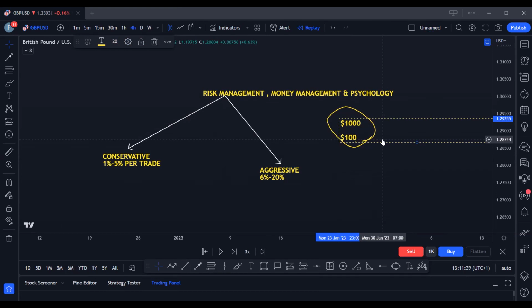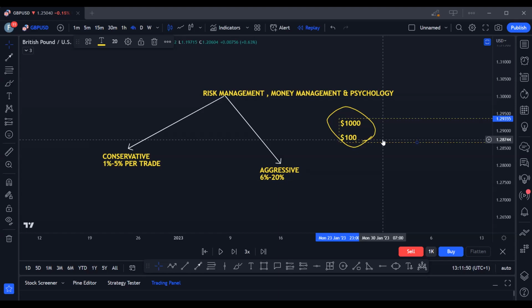But for some of us that are just getting started, the popular thing out there for beginners is that you don't even know how much you stand to lose if this trade does not go your way, right? An average trader is just putting up random lot sizes on their MT5 to trade.